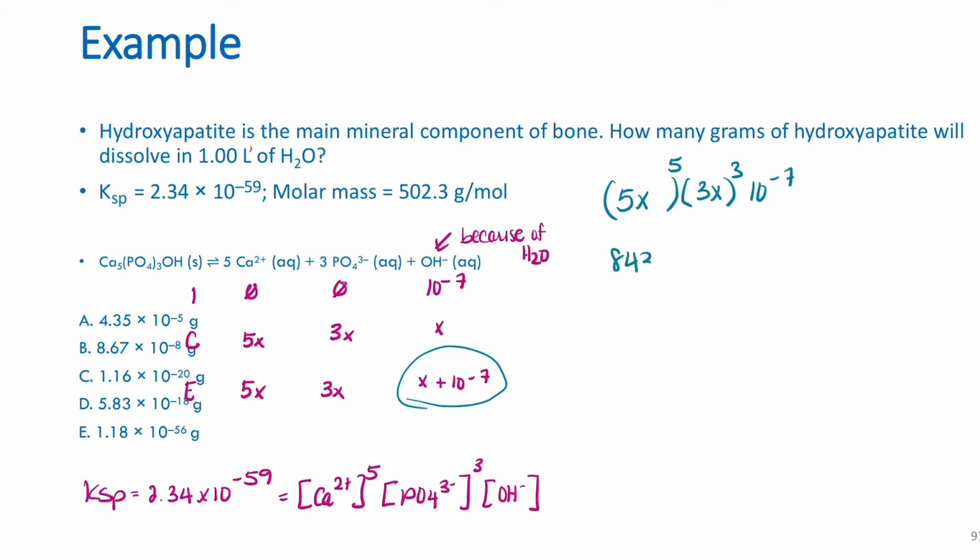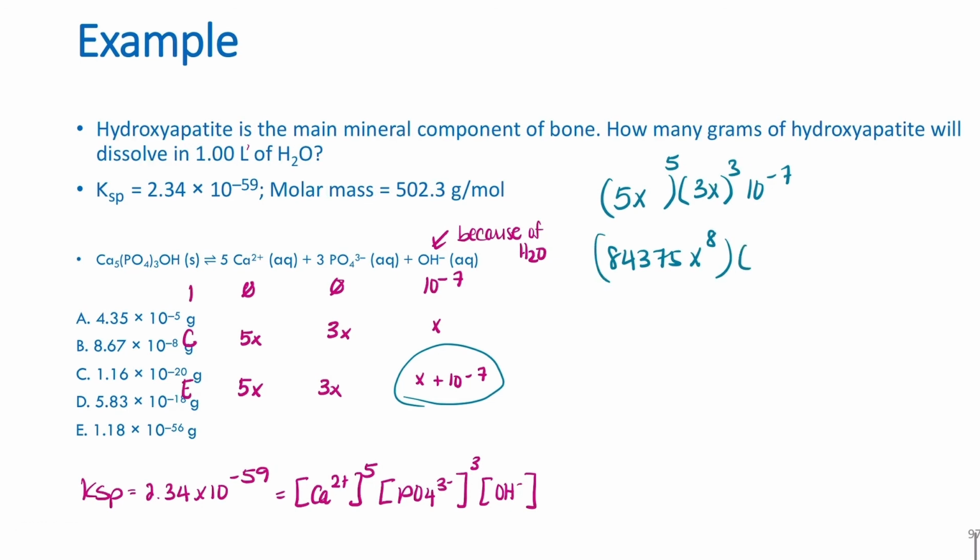Again, 84375 x to the 8th times 10 to the minus 7 equals 2.34 times 10 to the minus 59.